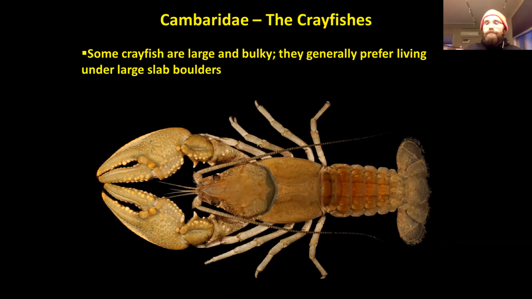So really big, flat rocks that are in the stream that they can waddle underneath of, and they have these big, beefy claws that they use to help kind of buoy their way into the best habitat. You can see stream-dwelling species, they've got quite a bit of spination. So spination being spines on the body happening up here. Not quite as much throughout the rest of the body, but it's still there.